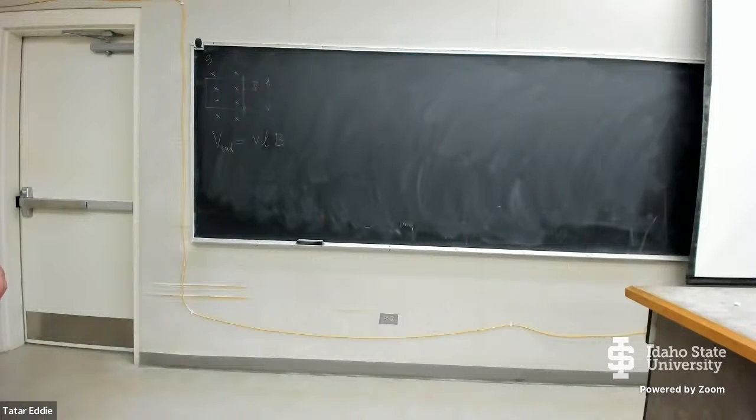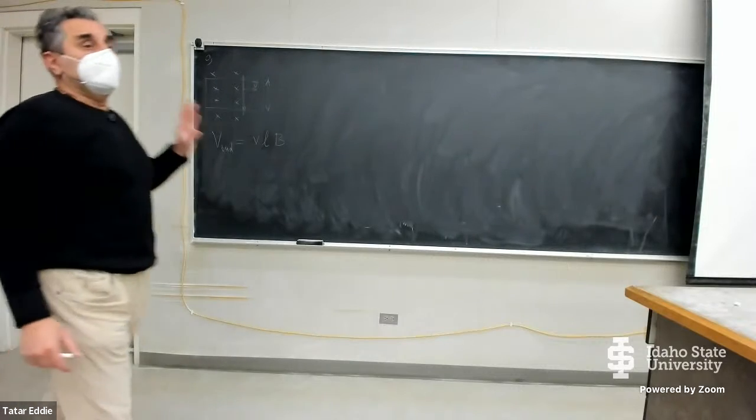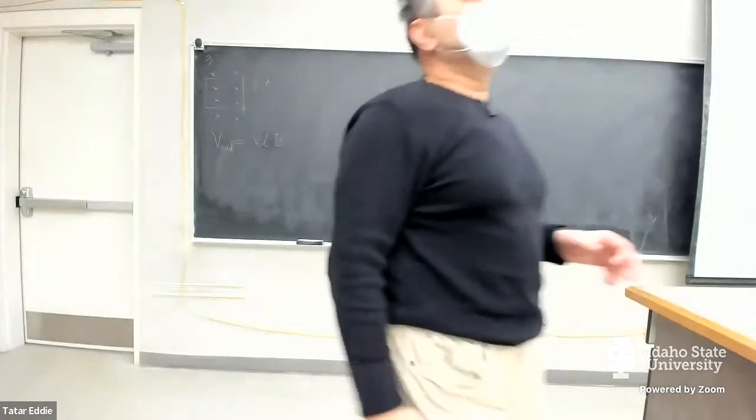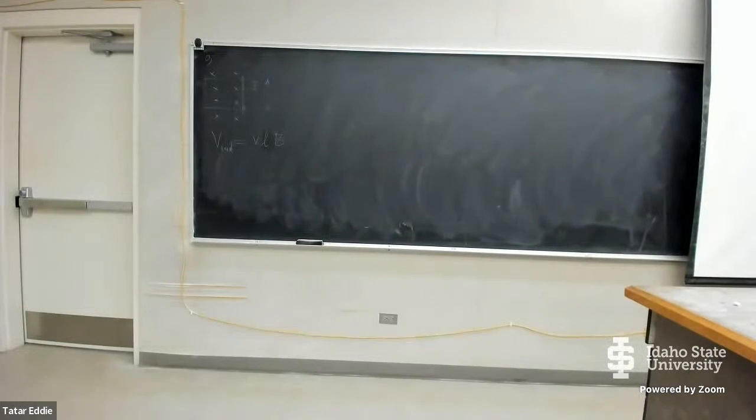After that, we said, well, this is good, but what if this moving piece of wire has arbitrary shape? And what if it is moving in arbitrary direction? And the magnetic field also is not uniform into the board, but it's in some arbitrary direction with differing magnitude.